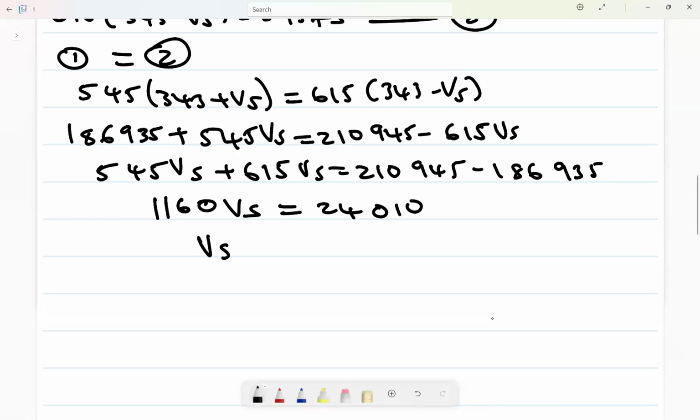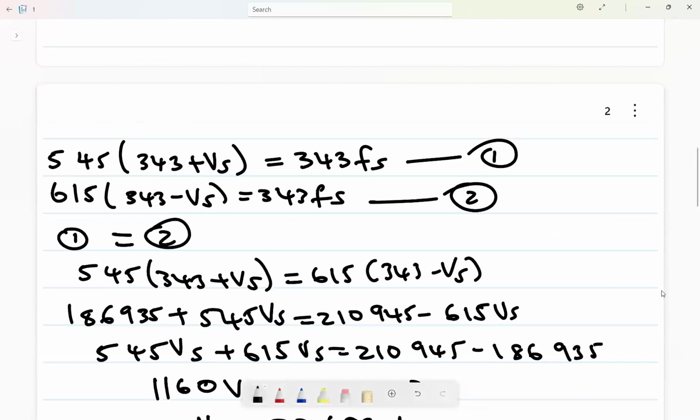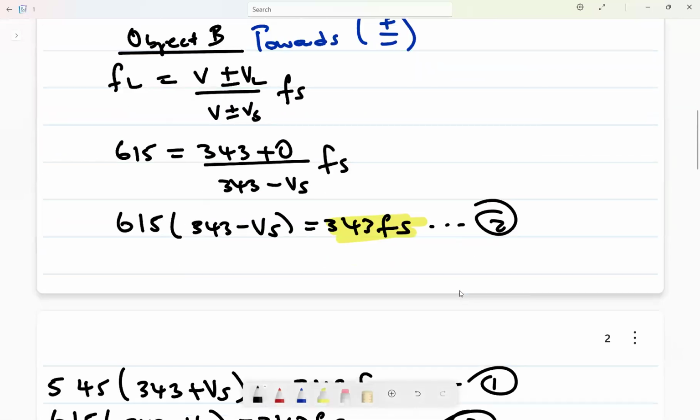24,010 divided by the answer. You get something like Vs equal to 20.698. Okay? This is not the final answer. Therefore, you need to come back to any of these formulas and substitute for Fs.